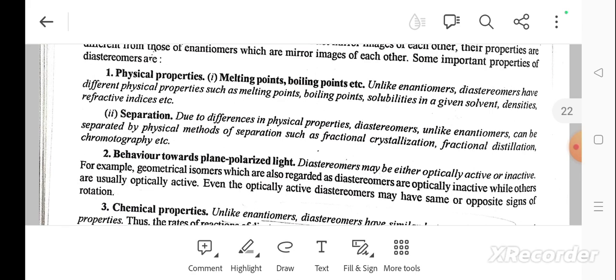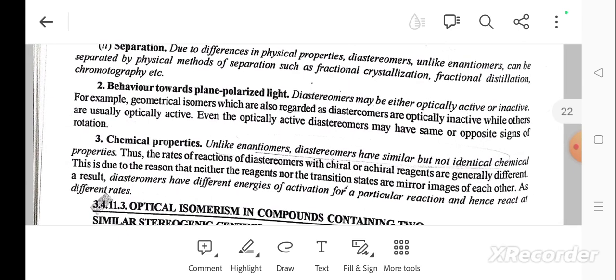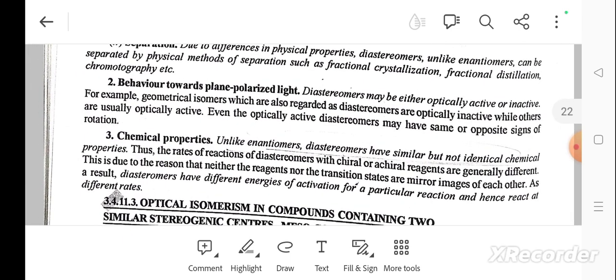Behavior toward plane polarized light. Diastereomers may be either optically active or inactive. For example, some stereoisomers, which are also regarded as meso compounds, are optically inactive, while others are usually optically active.